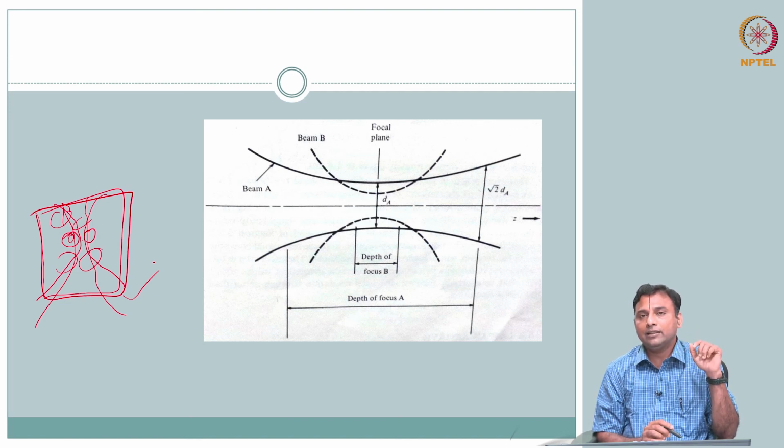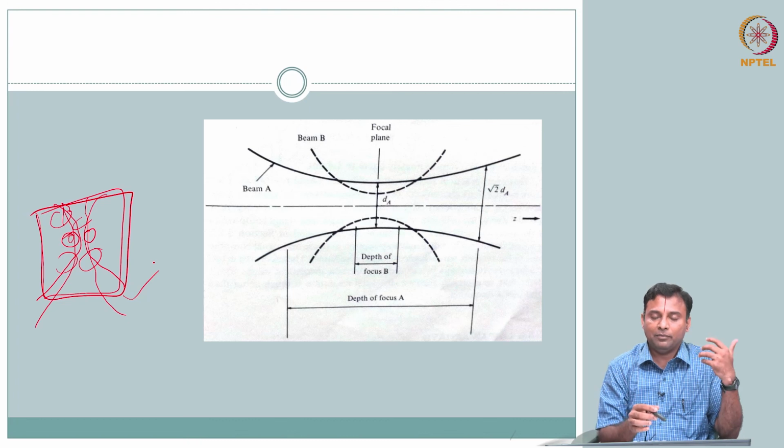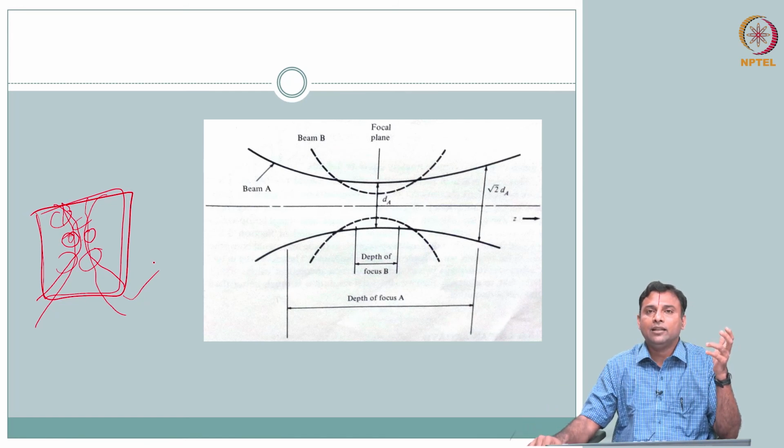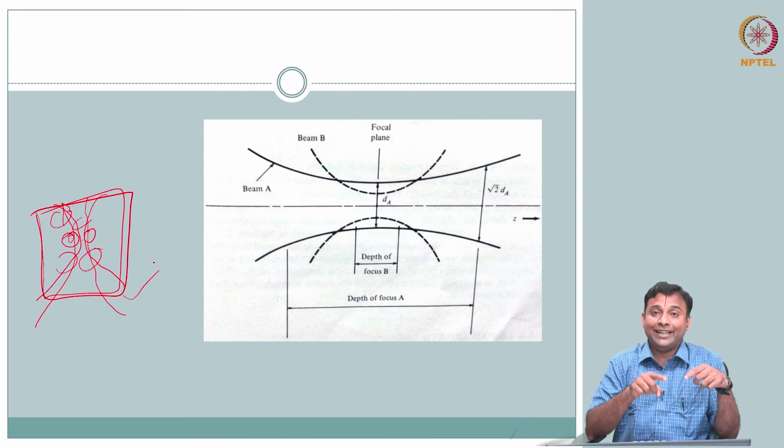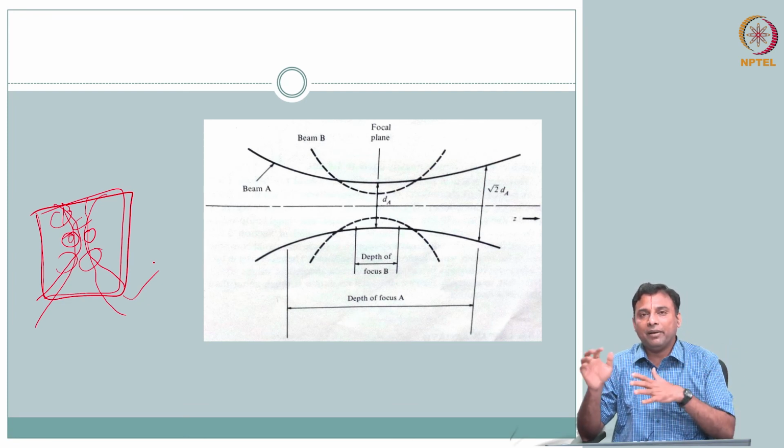Image quality, in this module, we have actually combined, because lateral resolution and axial resolution we are already covering, and we talked about side lobe and main lobe. So we will not explicitly have a separate image quality of ultrasound topic.